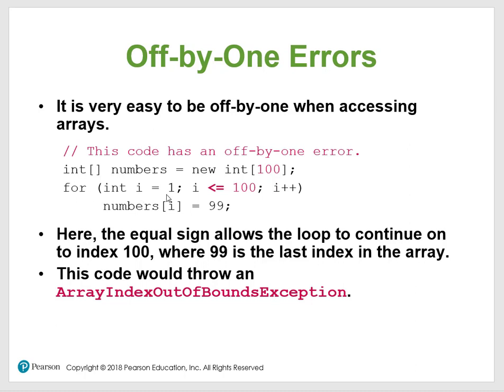For i equal to 1 and i less than or equal to 100, you're going to process this, and then inside of this loop you're adding 111 to this. Here the problem is that you have an equal sign, so the loop continues on to 100, where the last index should be what? 99.